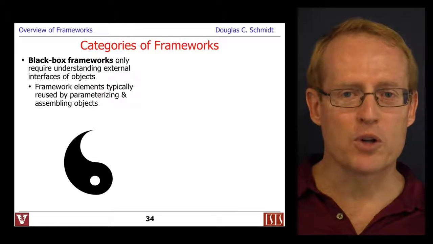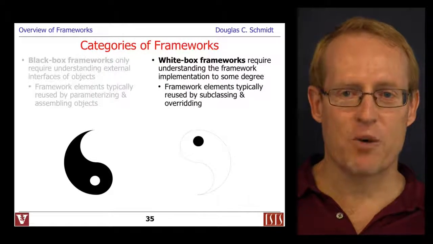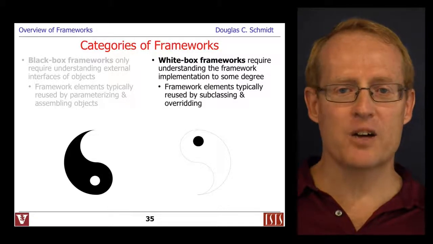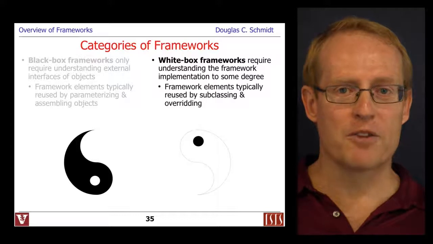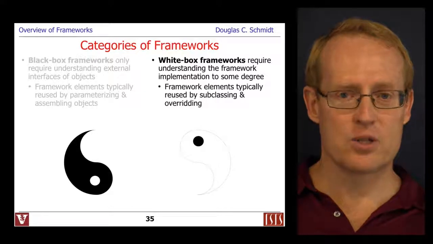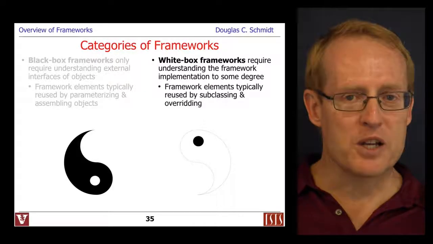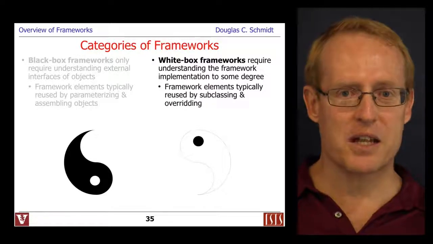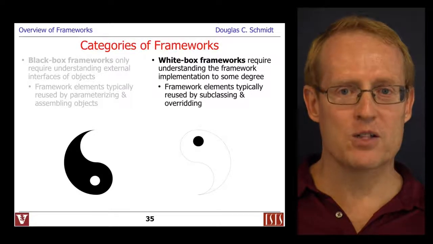An alternative approach is known as a white box framework. When you use a white box framework, you typically have to understand some parts of the framework implementation to a certain degree. That's because you typically end up having to know how to subclass from base classes and override various hook methods.